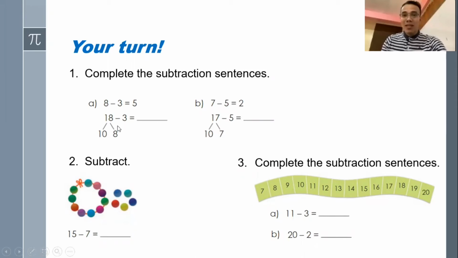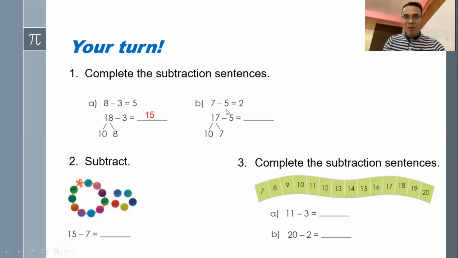Notice also that 18 is already broken into 2 numbers, and these 2 numbers are 10 and 8. And how do we proceed? We are going to subtract 3 from 8. 8 minus 3 is 5. It's already given on top. And 5 plus 10 is going to be 15. Congratulations if you're able to get the correct answer.